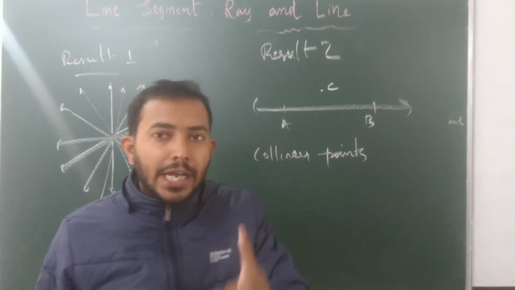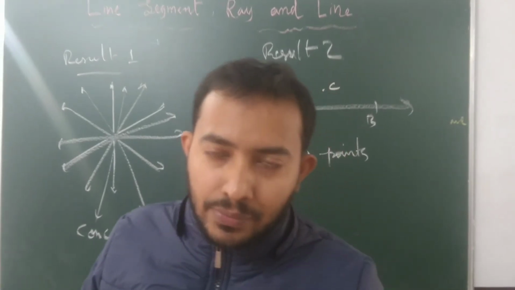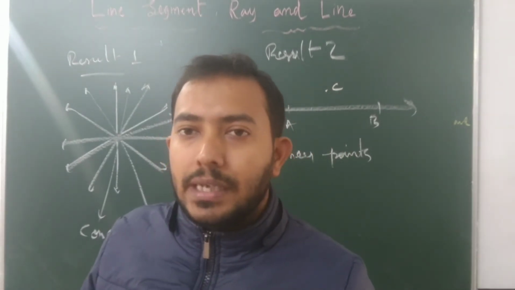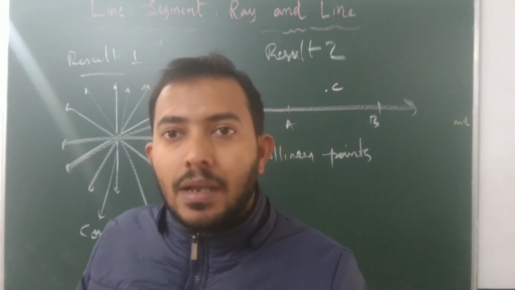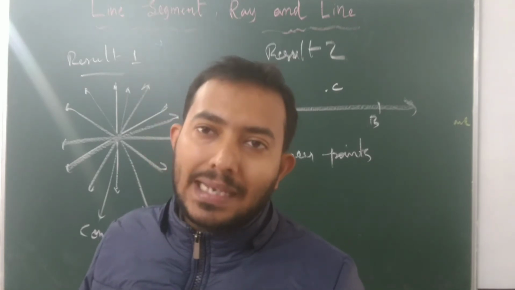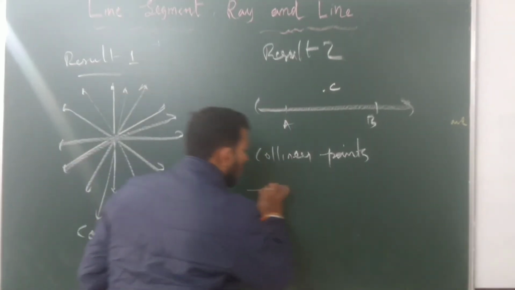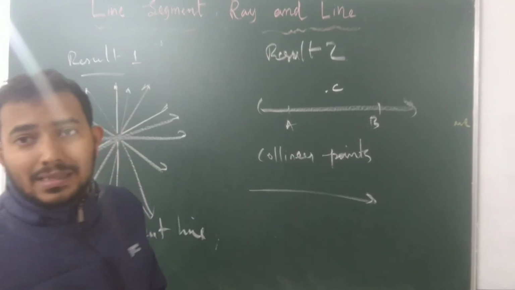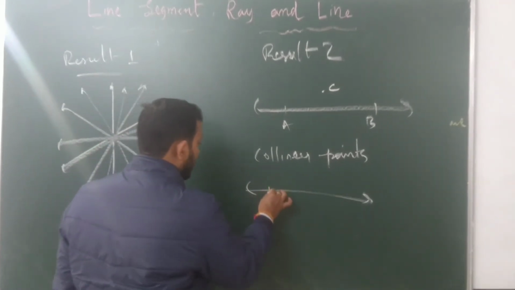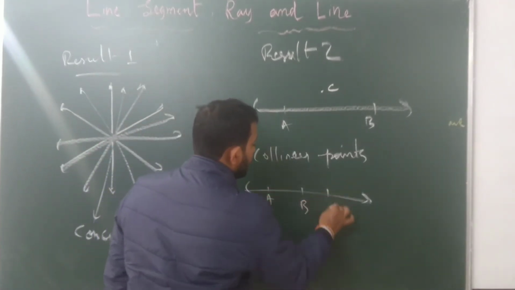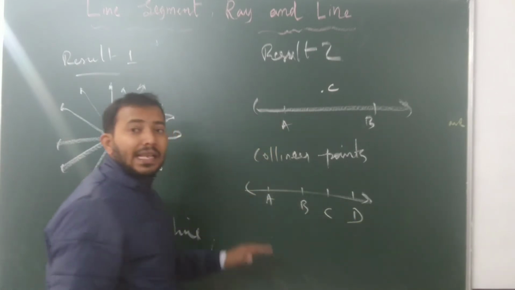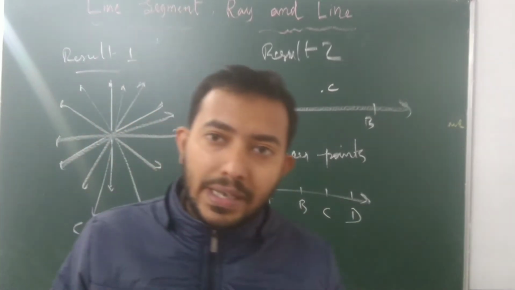Collinear means 3 or more than 3 points are said to be collinear if they lie on the same line. That means if you take A, B, C, D here, then A, B, C, D are collinear points.